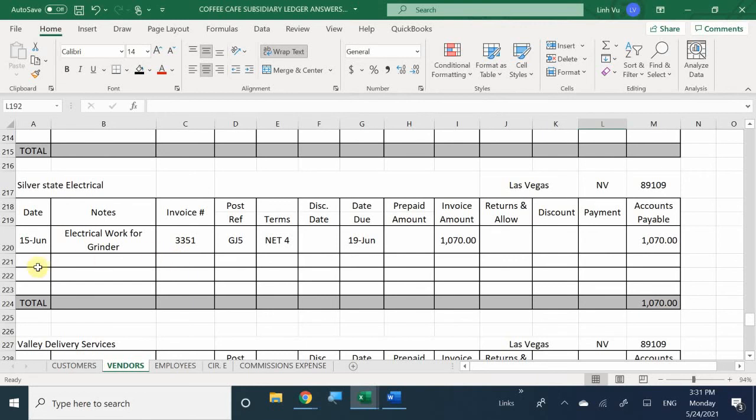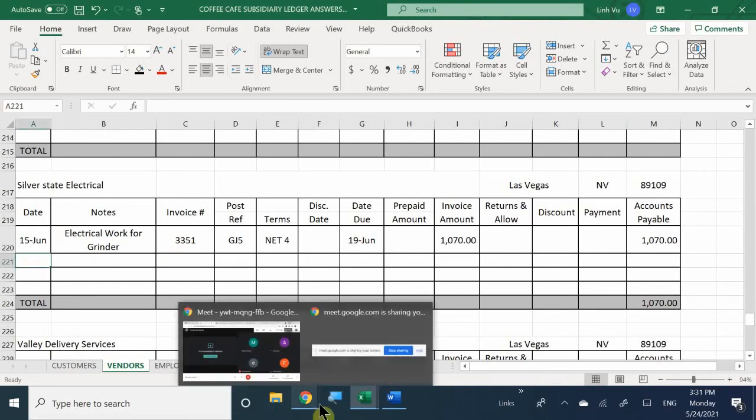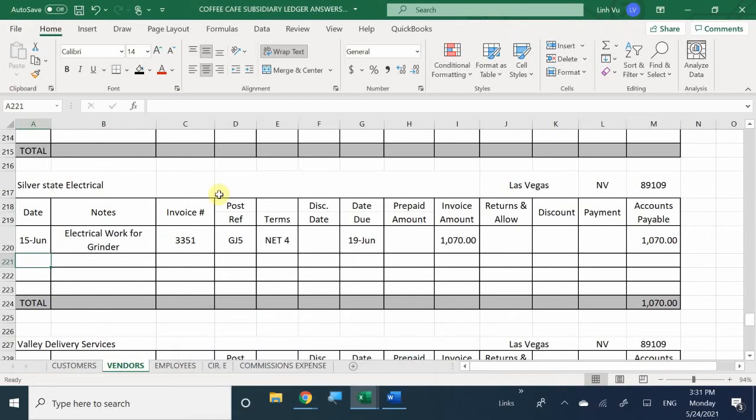Sub ledger and general ledger are two different things.